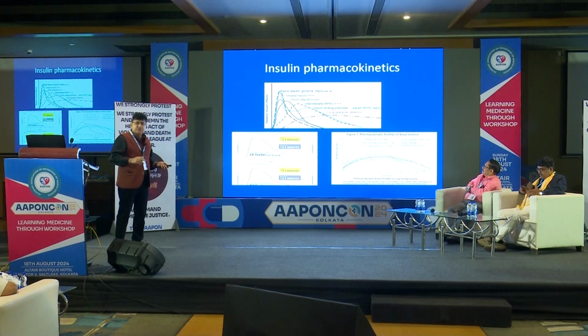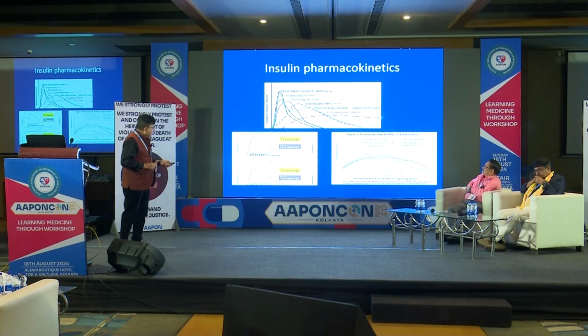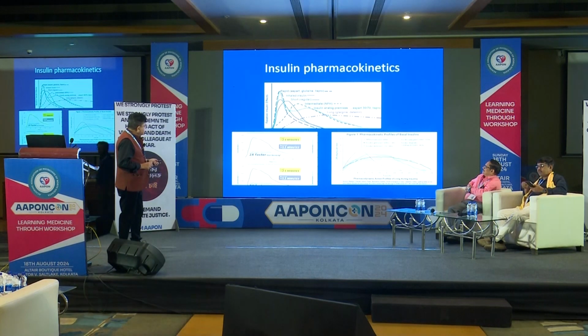Of course, that is not much used in our hospital practice. This is intermediate NPH, which has a peak and the action is shorter, somewhere around 12 hours. But long acting insulin like glargine or detemir would act longer with a little bit of peak. And the short acting regular insulin is like this. So the peak comes late, and again the soldier effect stays late and it stays longer.